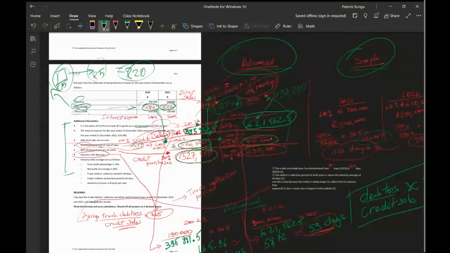We purchase goods, 85% of it. And then they tell you 90% of all these purchases are on credit.